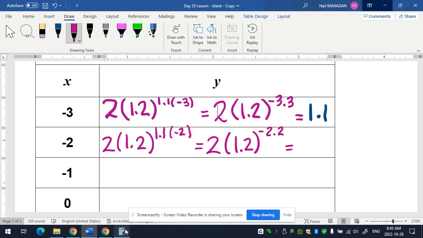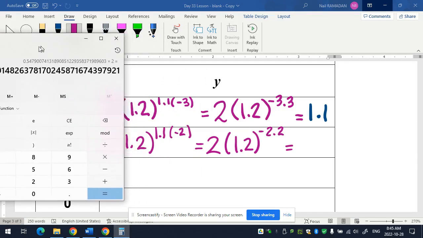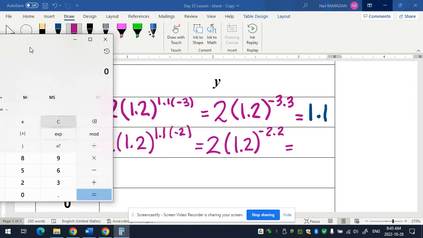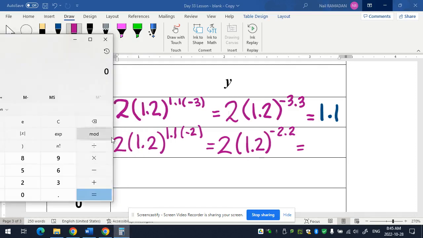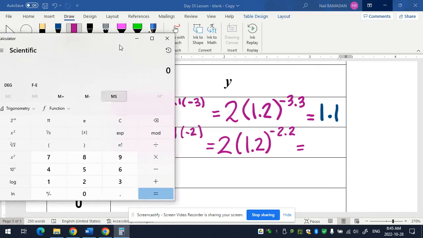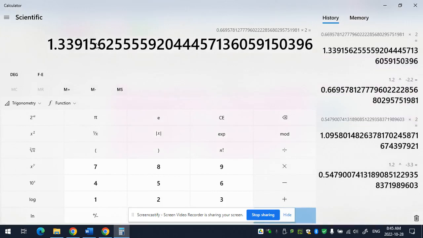Same process. I'm going to do the 1.2 to the power of negative 2.2 first, and then multiply this by 2. What would this be rounded to one decimal? 1.3 only. Perfect.